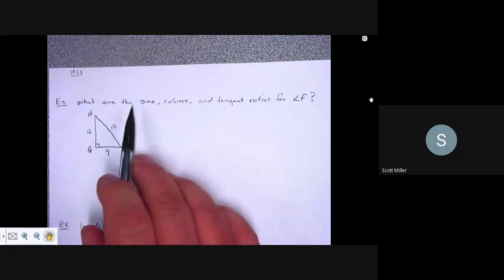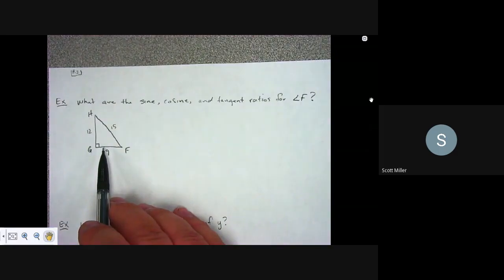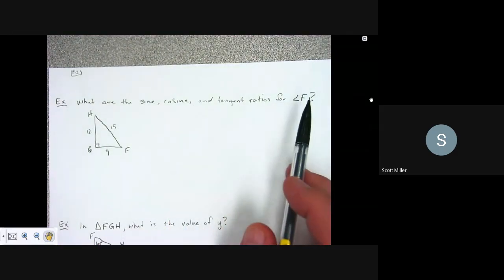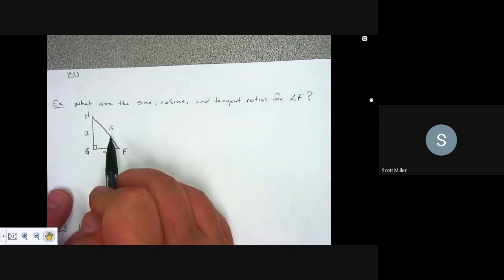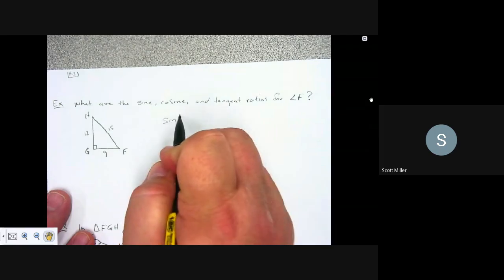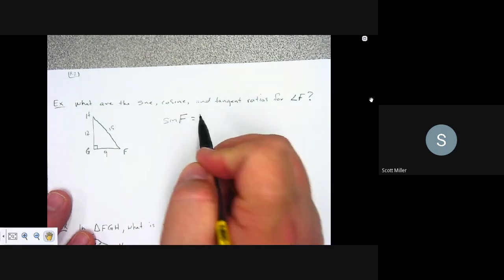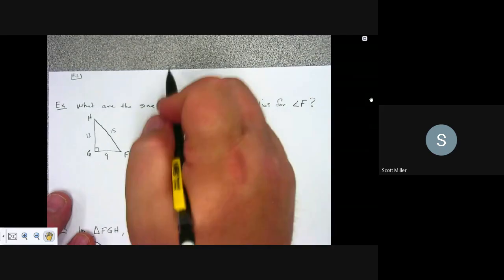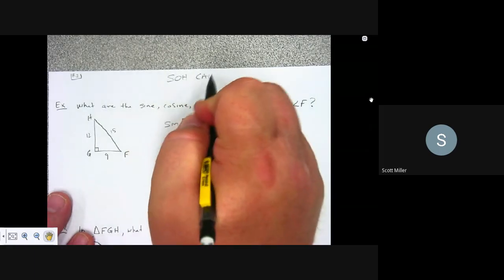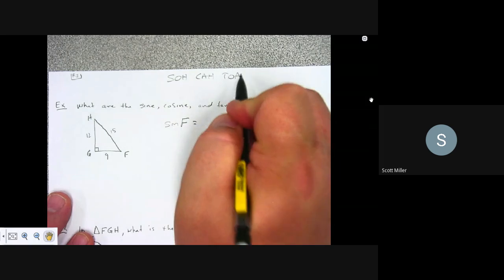So here is a right triangle, and I want to find the sine, the cosine, and the tangent ratios for angle F. Okay, so to do that, start with the sine of angle F. The sine is the opposite, so let's put the SOHCAHTOA up here so we can remember our rule.